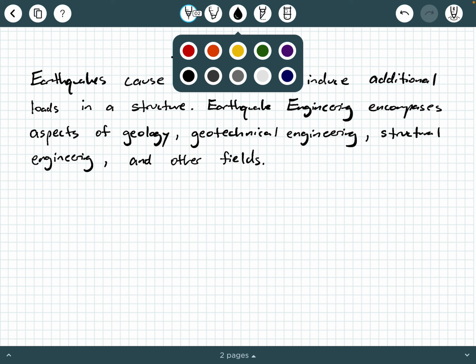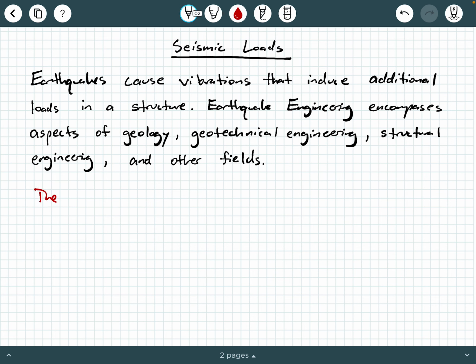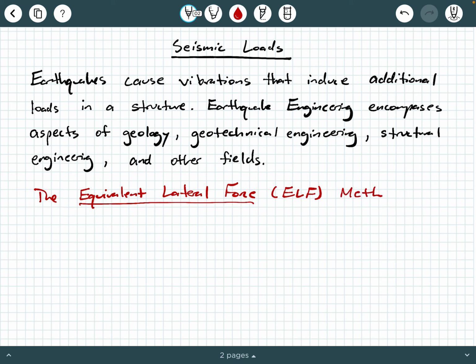Well, we're going to say the equivalent lateral force, which we call the ELF. Some people affectionately call it the ELF method.